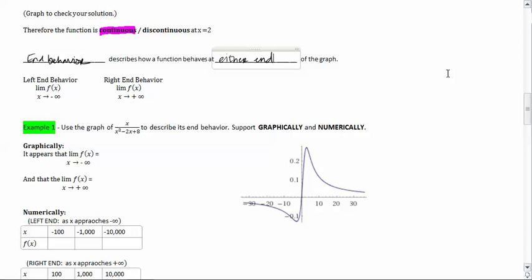If we plugged in the most negative values we could, our graph is going to do something over there. And if we looked at the right end behavior, the limit of f of x as x approaches positive infinity, as we plug in positive infinity, our f of x is going to have some behavior that we can define.